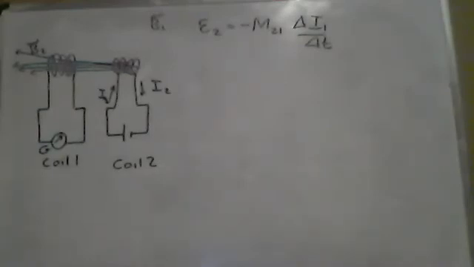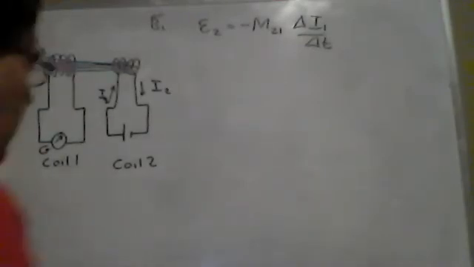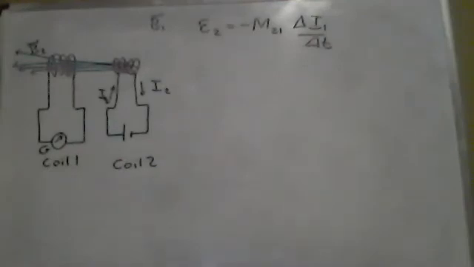I could do the exact same math and say, well, I have a magnetic flux that's in coil 2. I have a field B2. That field is going to go through coil 1. And coil 1 is going to experience a flux in 1 due to 2.